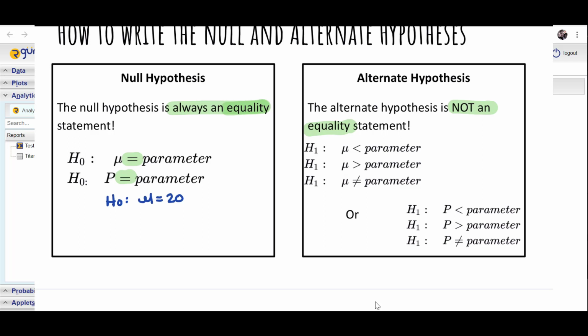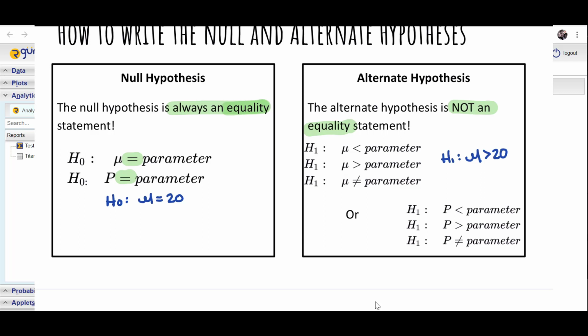Because we used 20, you're going to be comparing the mean to 20 in the alternate hypothesis as well. Now, we believe, based on the evidence, that the mean is not 20. We believed that the mean was actually greater than 20, because the sample mean was 20.25, which is definitely greater than 20.